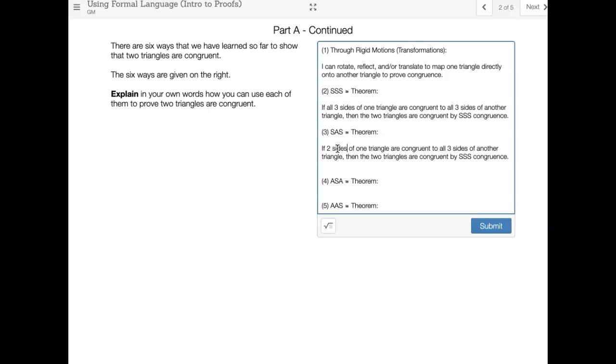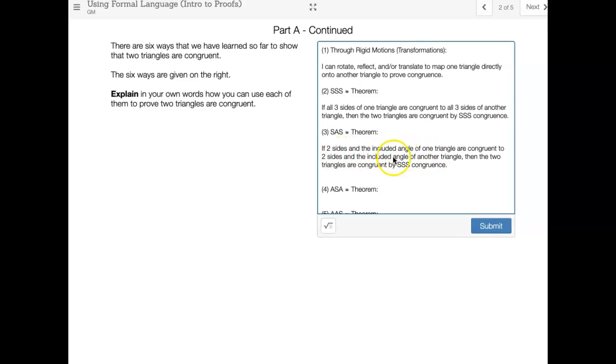So if two sides and the included angle of one triangle are congruent to two sides and the included angle of another triangle. Let me delete some of this.